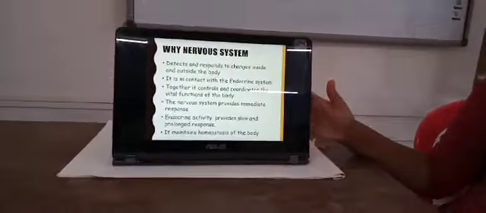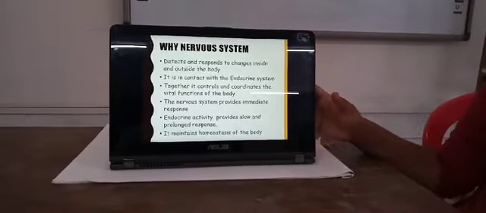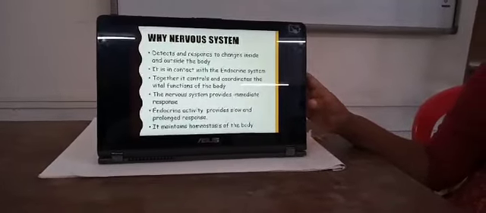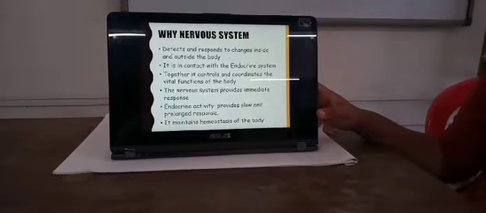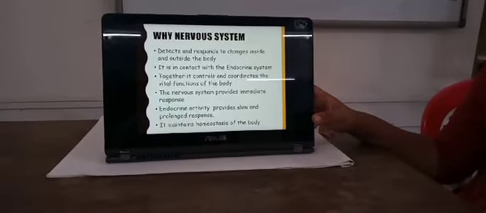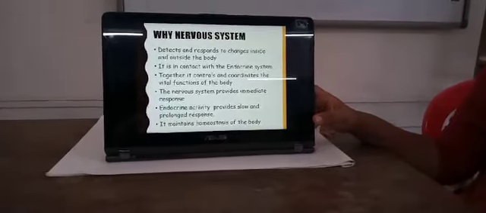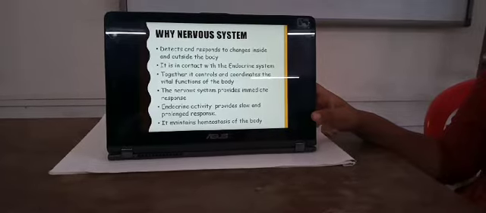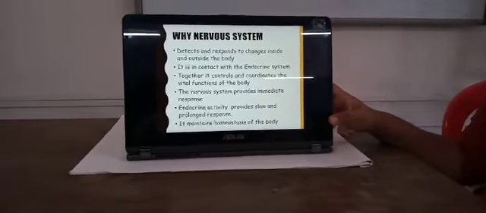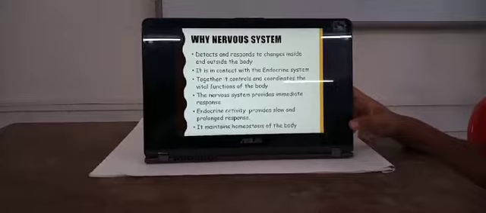So before we go into this, we are going to learn about what is the necessity to learn about the nervous system. First, the nervous system or the nerves detects and responds to the changes inside and outside the body. It is in contact with the endocrine system. You might wonder what is the need for the nerves to contact the endocrine system.